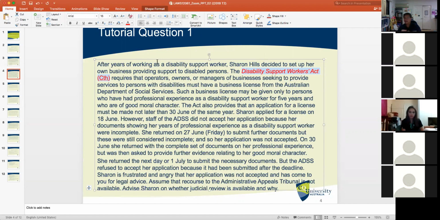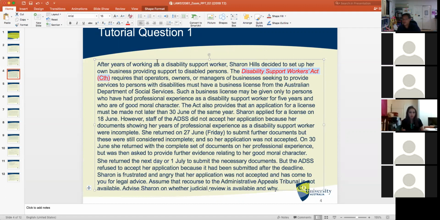That potentially can prevent a decision from being reviewed under the ADJR Act because of the privative clause. Okay? Now, the question then is, if there is a privative clause, would it mean that there is no longer any scope for judicial review?